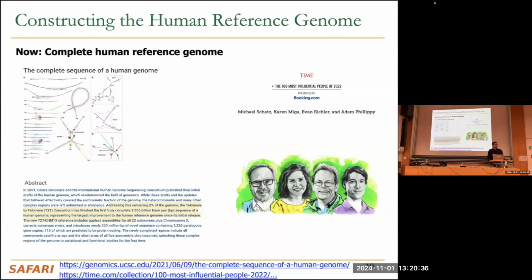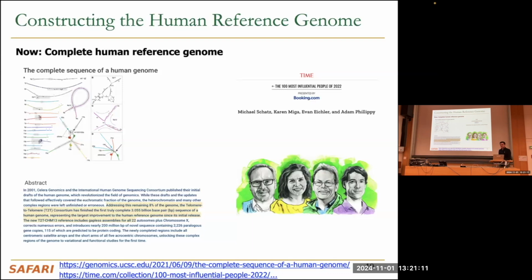But this first human reference genome was not fully complete, although it took 13 years and billions of dollars to generate. As the sequencing technologies, the machines that we use to generate the genomic data, improved, as well as the algorithms, we could complete the gaps that were in the initial version of the human reference genome, so that we can finally have a near-complete human reference genome.